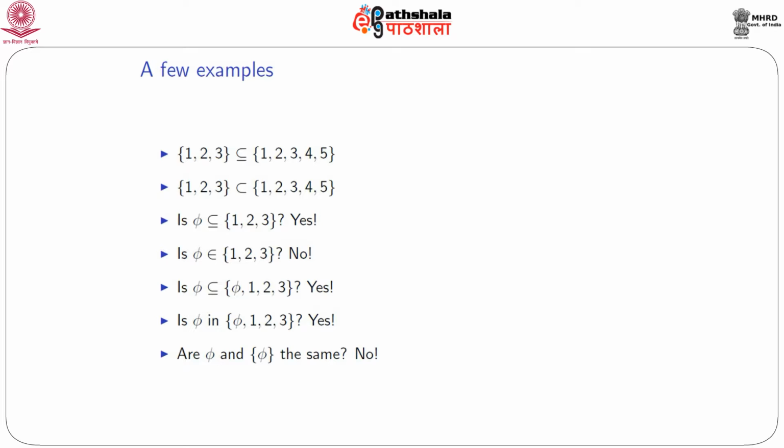Is phi in this set which consists of phi, 1, 2 and 3? The answer is yes. Now, one tricky question: are phi and the set consisting of phi the same? The answer is no, because in the case of phi we do not have any element, but in the second case it is a set which has an element, which is phi itself. So, they are not the same.